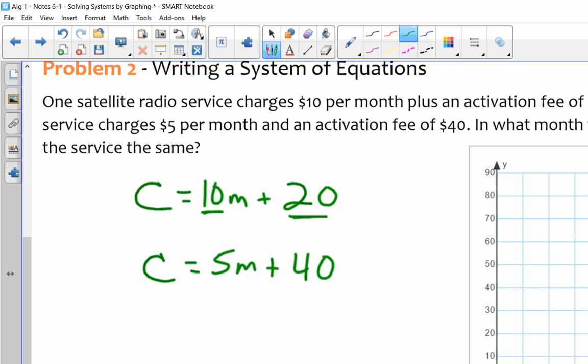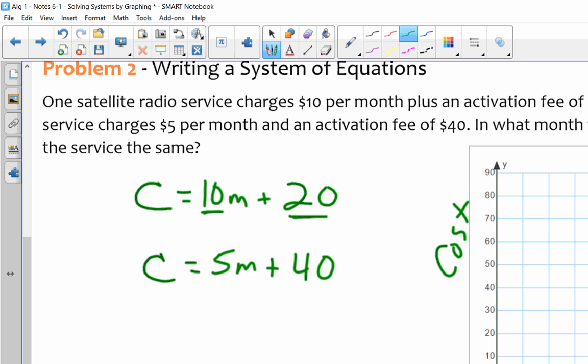All right. So what we're going to do here, if you could go ahead and draw this, is just the first quadrant because everything's positive. The cost is going to be up the y-axis, and my bill changes by how many months I'm actually using it. So that's going to be my x-axis.